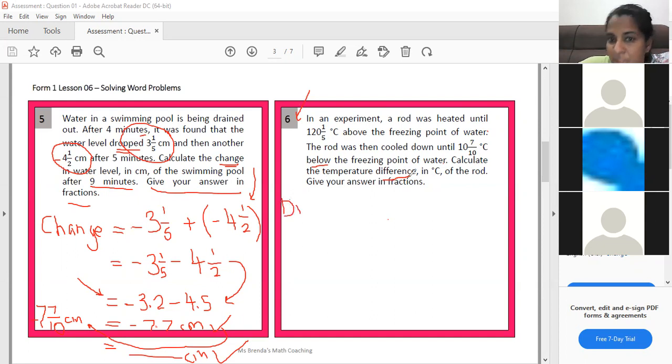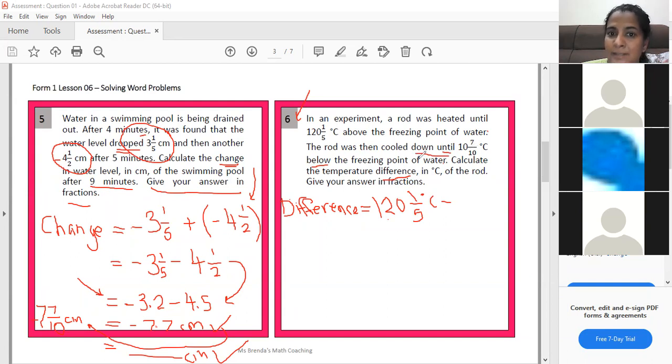That's how you answer. Start with a word. Difference. That's what we want to find. Maximum value was 120 1/5 degrees Celsius.